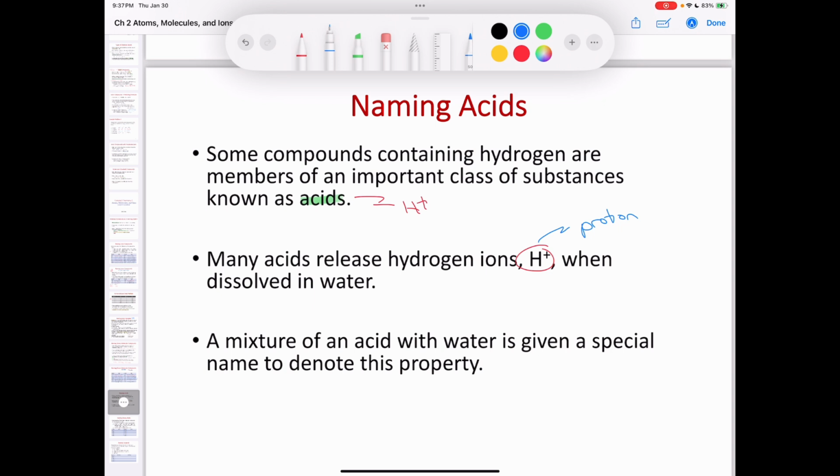And it says a mixture of an acid with water is given a special name to denote this property. And to give you an example of what it's getting at here, let's say you have HCl, right? No prefixes. HCl is actually a gas, okay? And it's called hydrogen chloride, right? Chloride. Not a big surprise there.